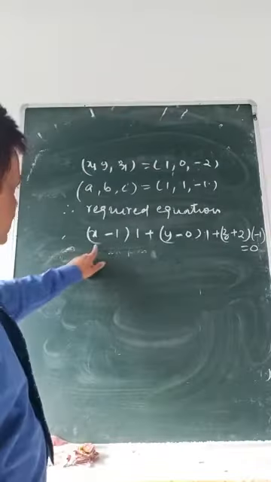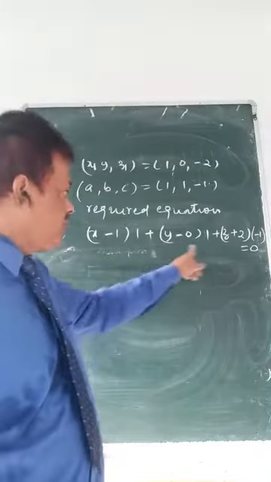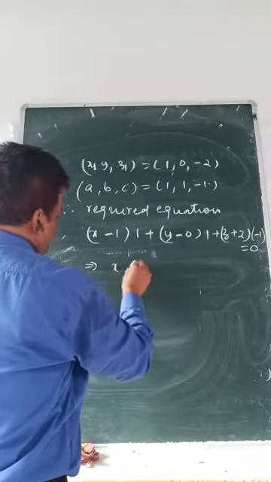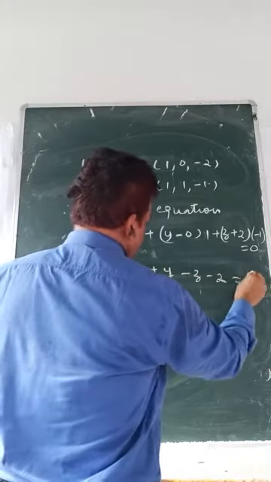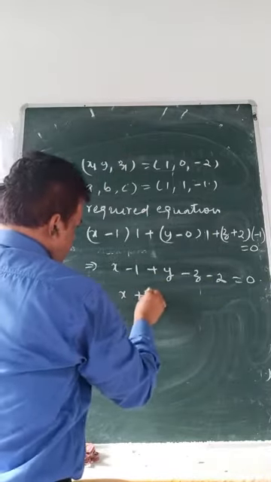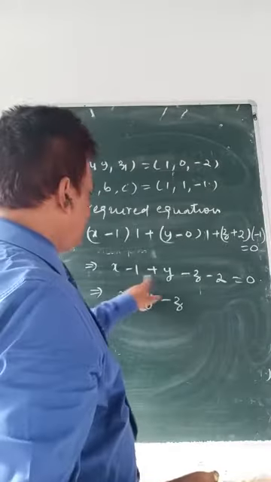Remember, we will be using this formula several times. So we should be habitual of this. That gives you x minus 1 plus y minus z minus 2 equals 0. Implies x plus y minus z minus 3 equals 0.